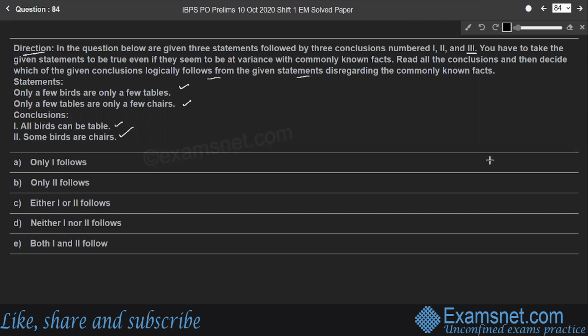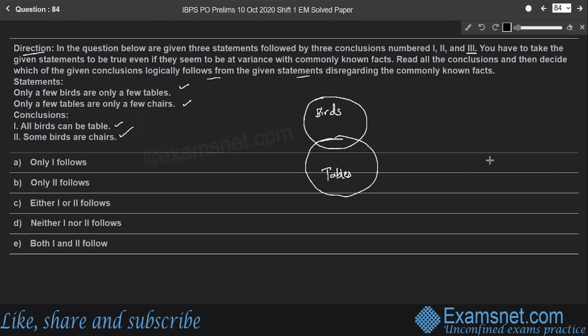So first statement, only a few birds are only a few tables. So there is a set of birds; only a portion of birds are only a few tables, right? Not all tables can be birds and not all birds can be tables.